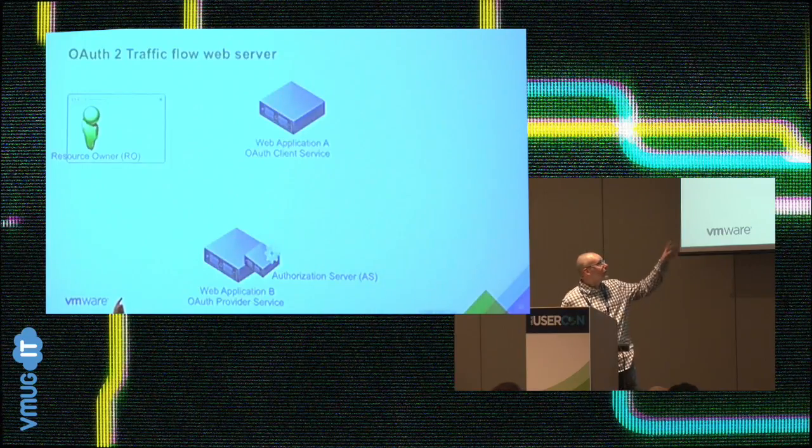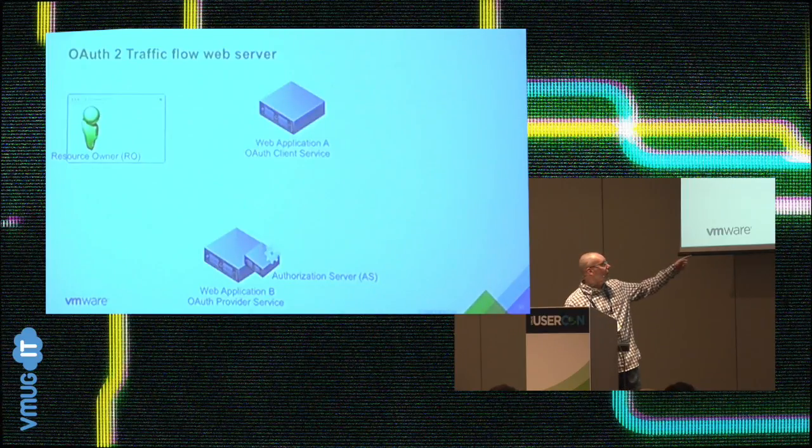You have two web applications running on two different companies' offerings. So in this case, let's say web application A is this portal that aggregates information from many different web sources.